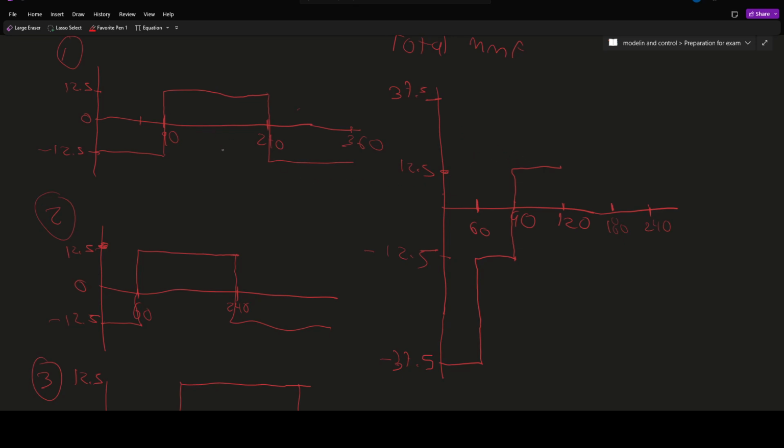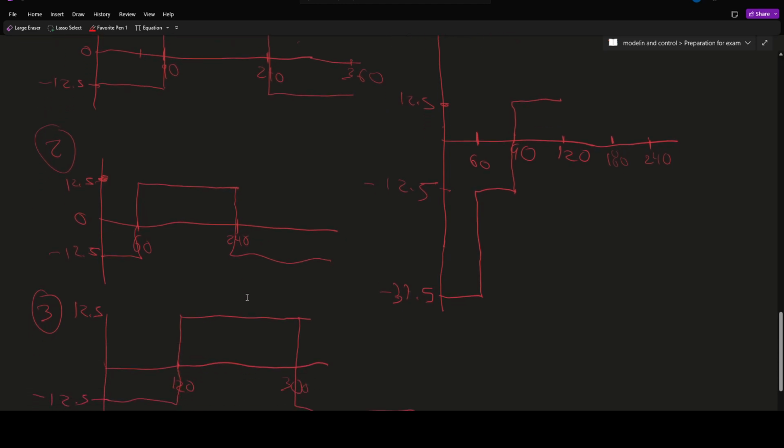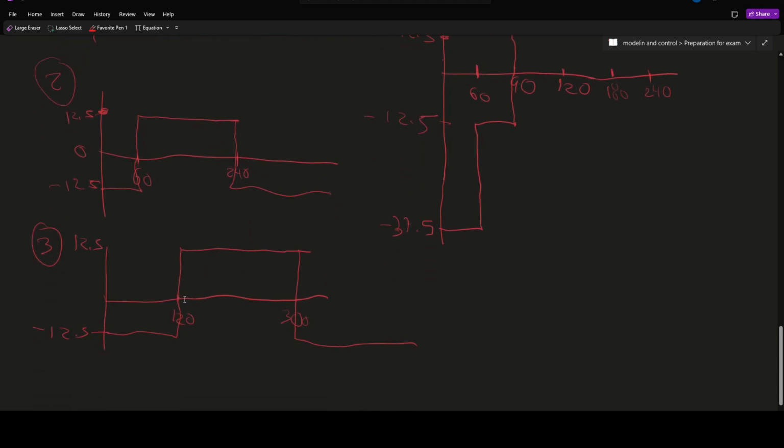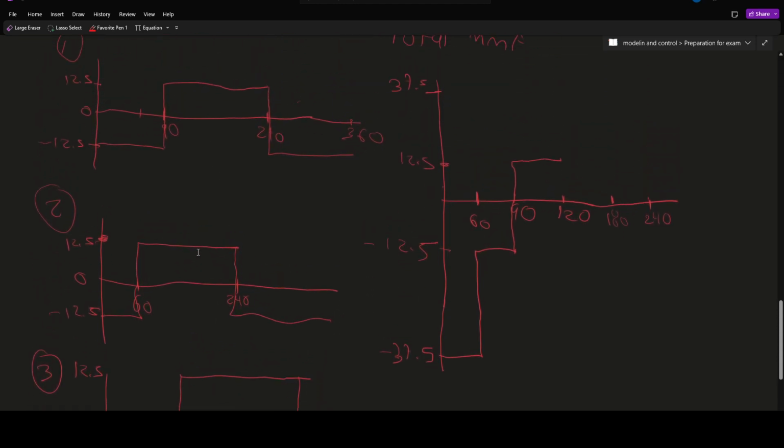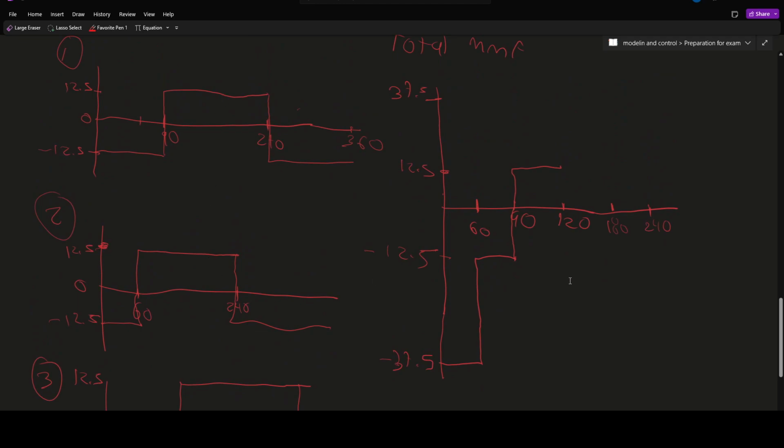We are going to have plus, plus, and plus, so all of them add up. And we have our positive maximum, from 120 to 240. And we know that the cycle is going to repeat itself.